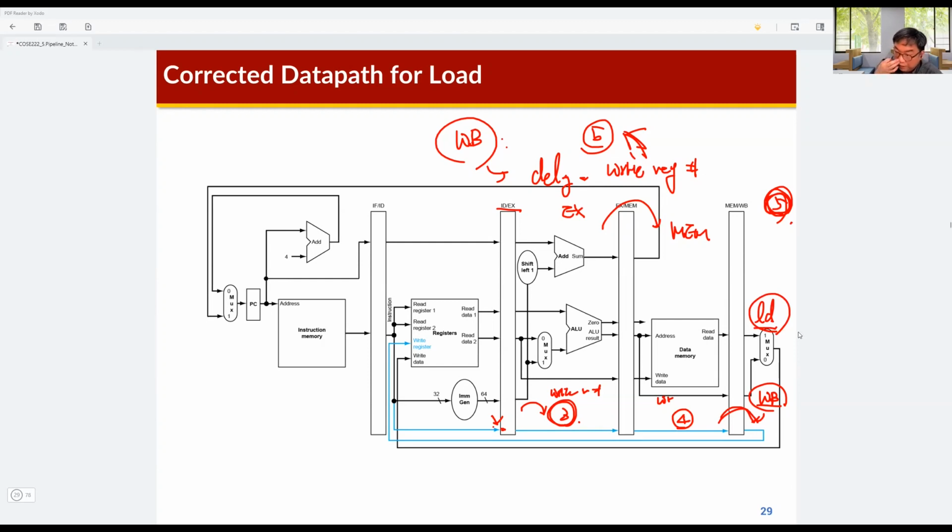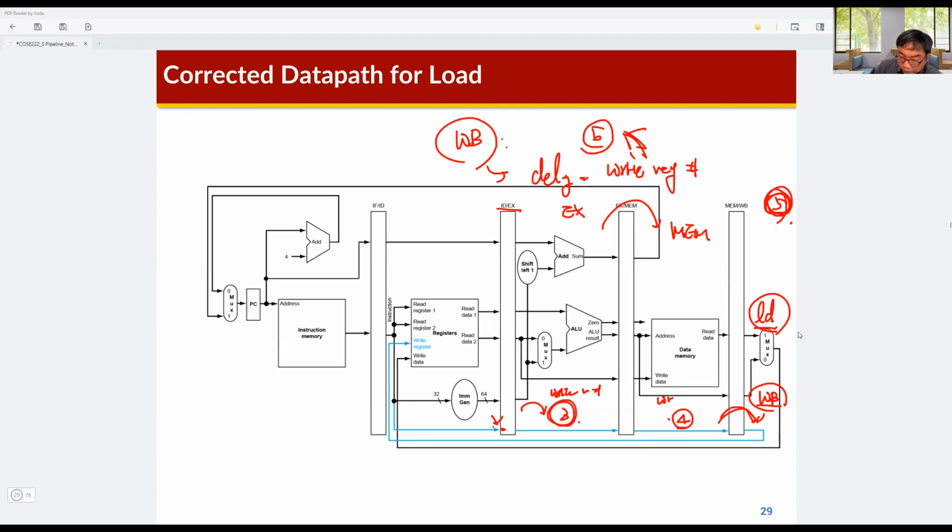So what does that mean? By propagating this write register number to the next stages, we can match the timing of the write register number and the timing of the written data for the load instruction.